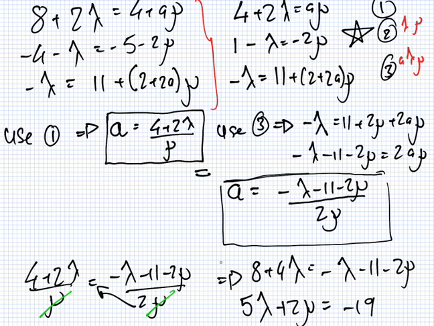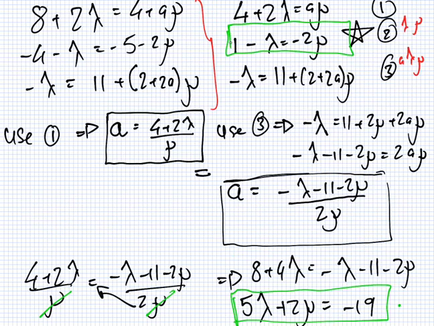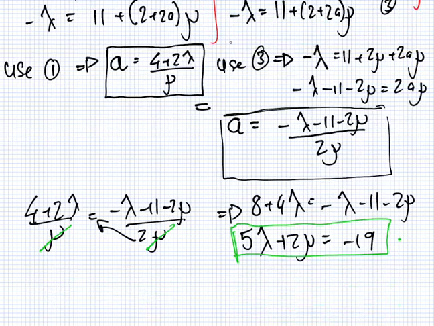Great. So now I have this, has lambda and mu in it, and don't forget I haven't used this one yet, so I can put them together. What have we got?